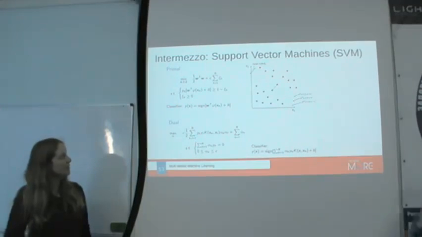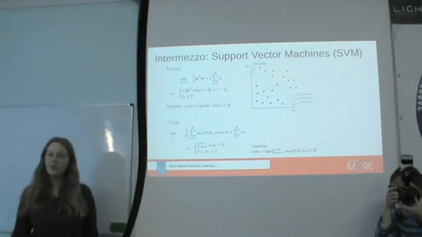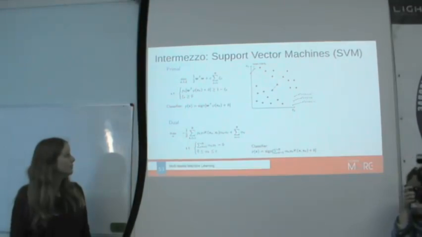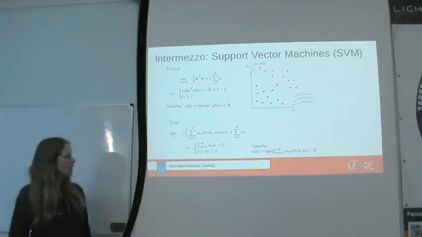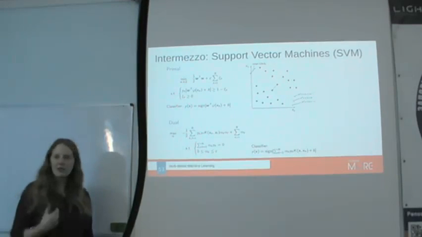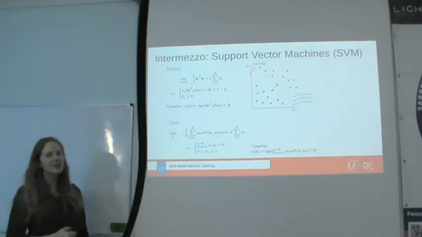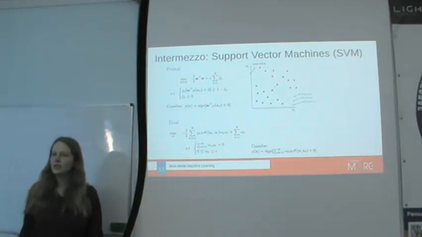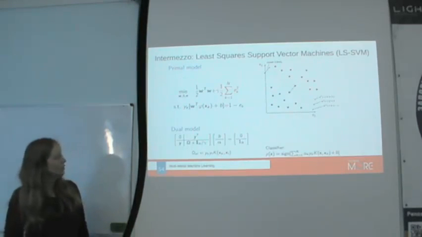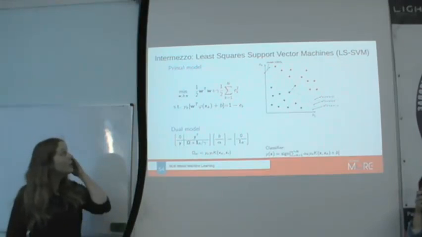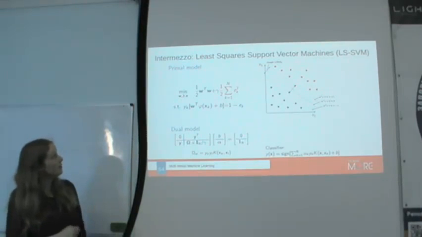So this support vector machines, it's very old, but it's still used these days. It's pretty good. But even though a quadratic programming problem is easier to solve than this one, it's still not easy, it's still quite hard. So an alternative was found, it's called least square support vector machines.